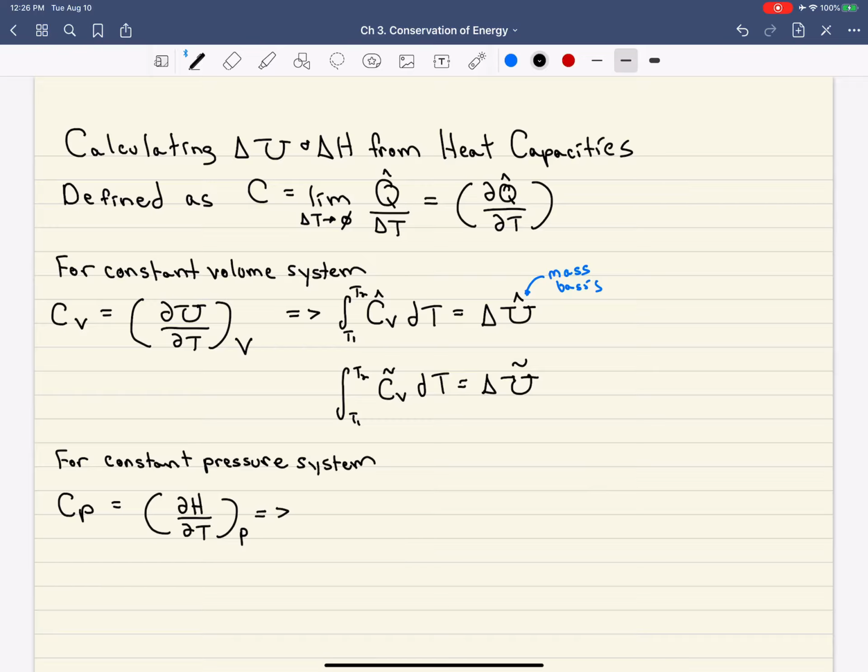And if we integrate Cp from T1 to T2, that would give us the change in enthalpy. And once again, if I use a hat, that means the change in enthalpy is on a mass basis. Or if I use a little tilde, then our change in enthalpy will be on a molar basis.